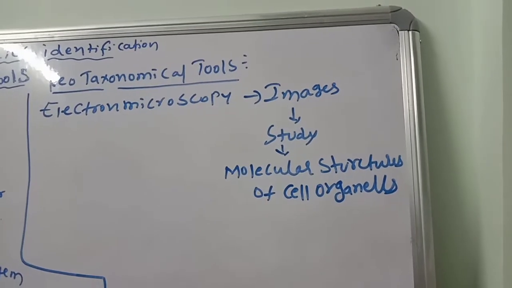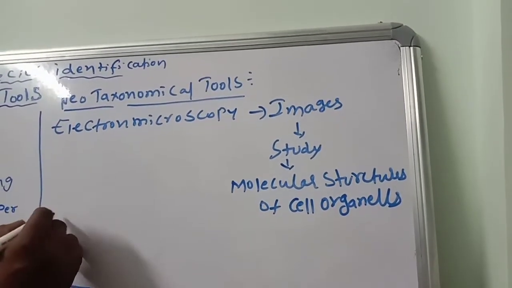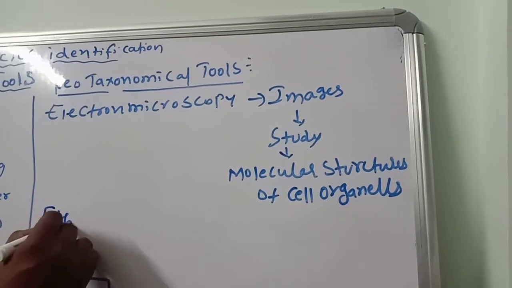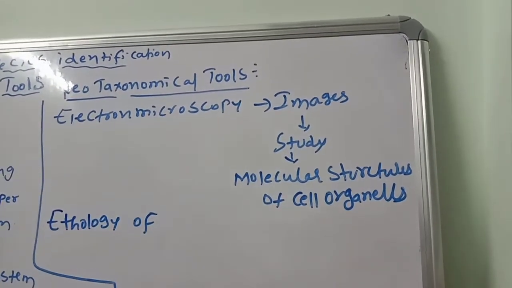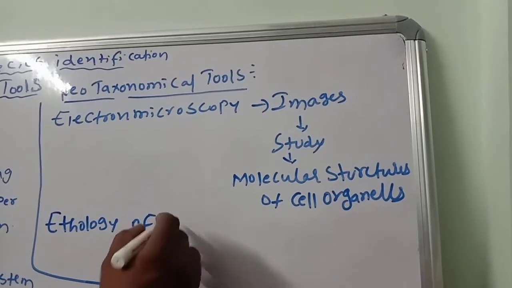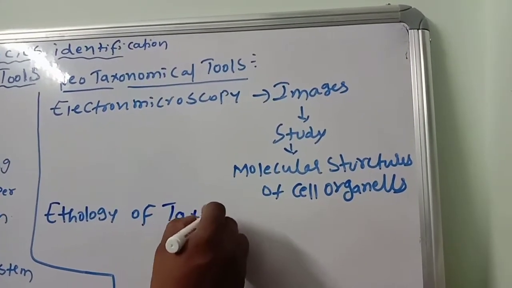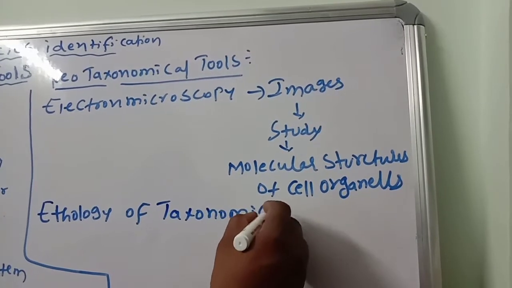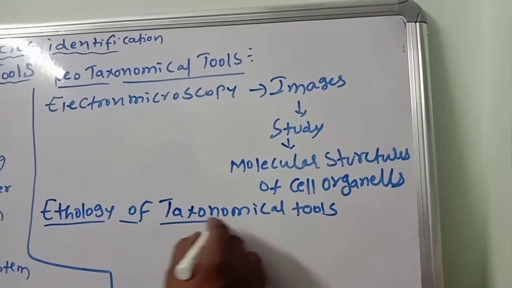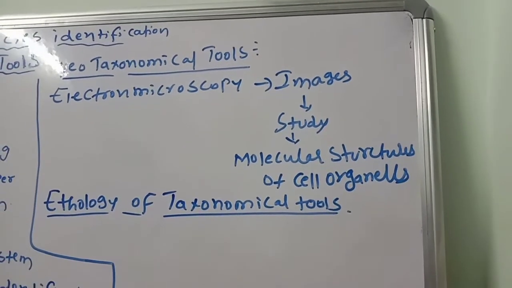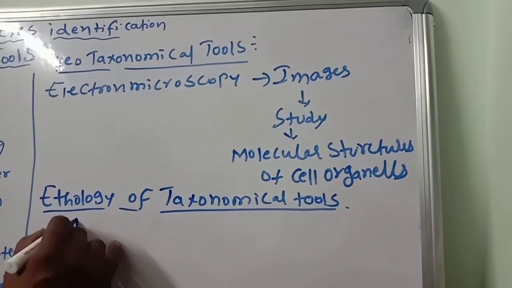The next one, ethology. Ethology of taxonomical tools, most important. Here we are going to discuss the behavior of the organisms.